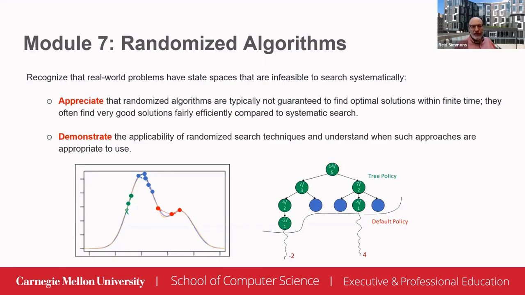I've been told that the state space of Go, which is the number of possible combinations of stones on a Go board, is larger than the number of atoms in the universe. So explicitly storing them and looking at them one by one was clearly impossible. And so you need much better techniques.